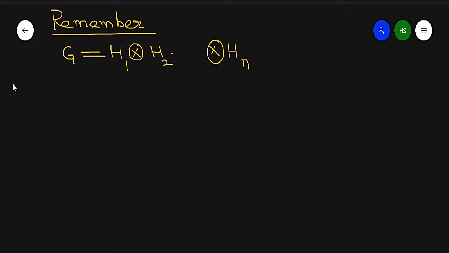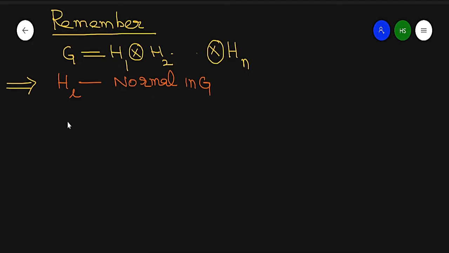So what does it mean? It implies three properties. Remember that. Property number 1: Hi is a normal subgroup in G, normal in G. It is my first property.